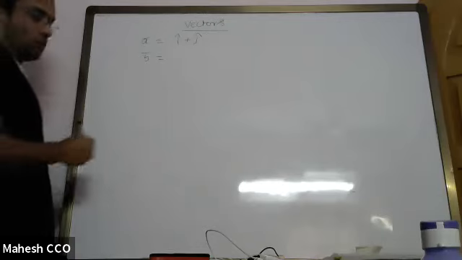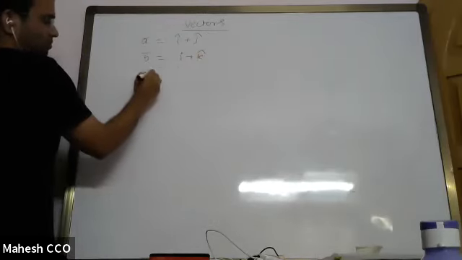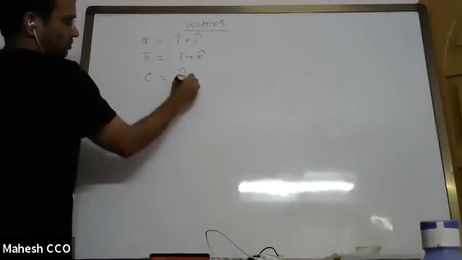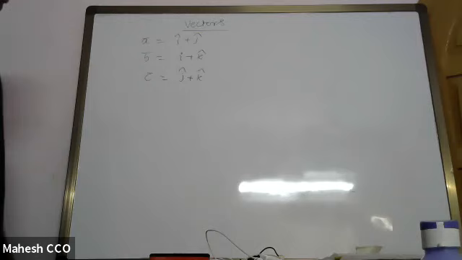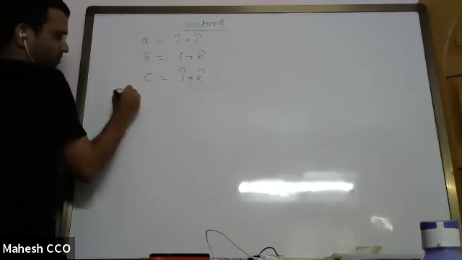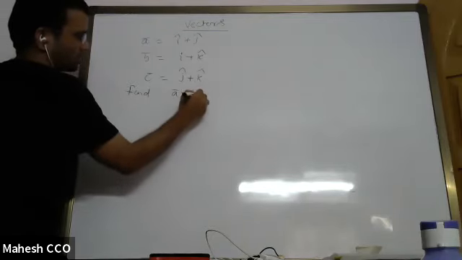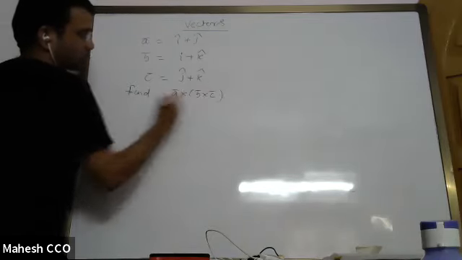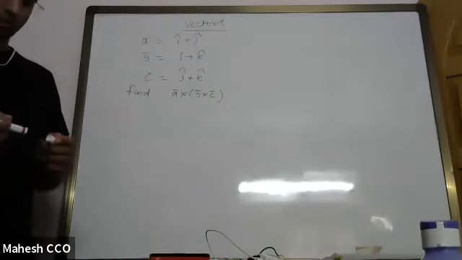B bar is equal to I cap plus K cap. C bar is equal to J cap plus K cap. Then the question asked of you will be, find A cross of B cross C. So I wish all of you to once try this question, then I will discuss.